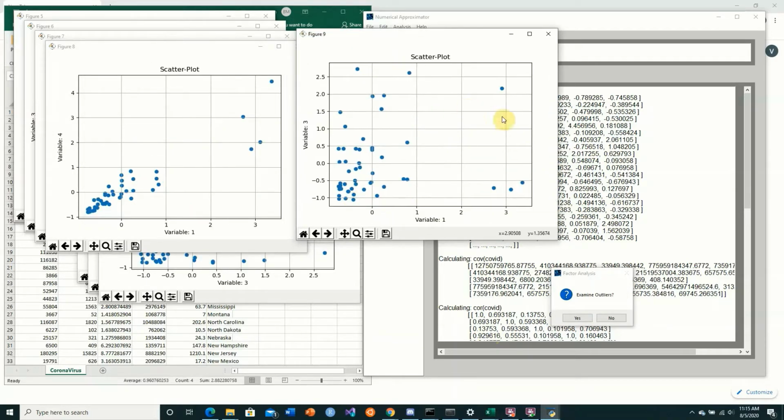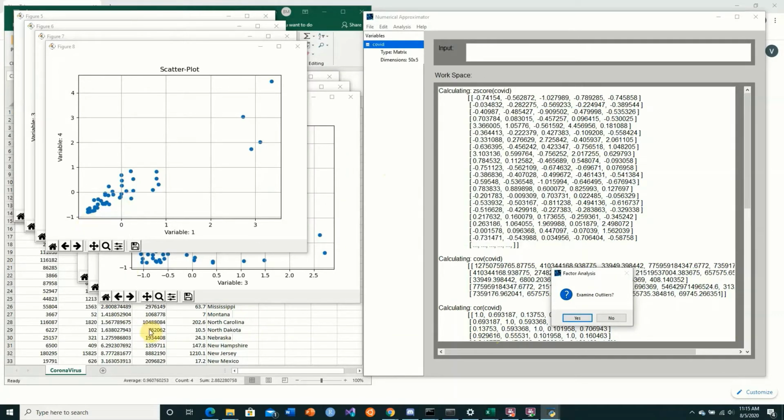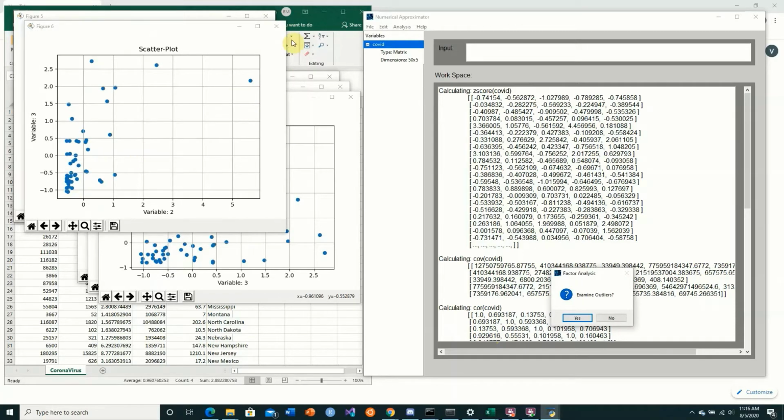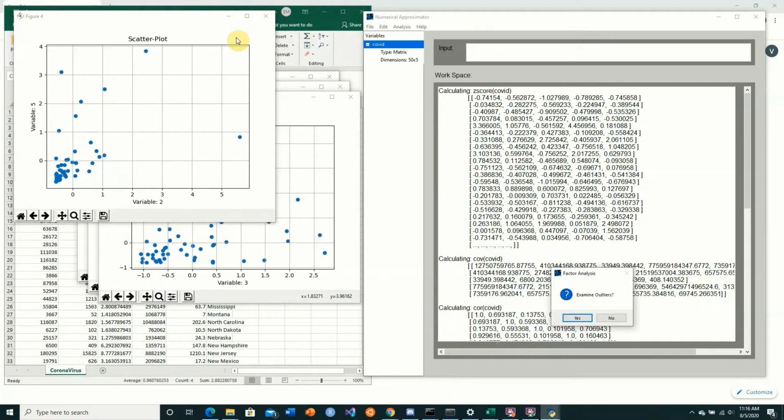There's no correlation at all whatsoever between the death rate and the total number of cases. However, variable 1 versus variable 4, the population and the number of cases is directly correlated. And the population density versus the total number of cases has no correlation whatsoever. We can see this, it's just sporadic. We can see this for the other ones as well.